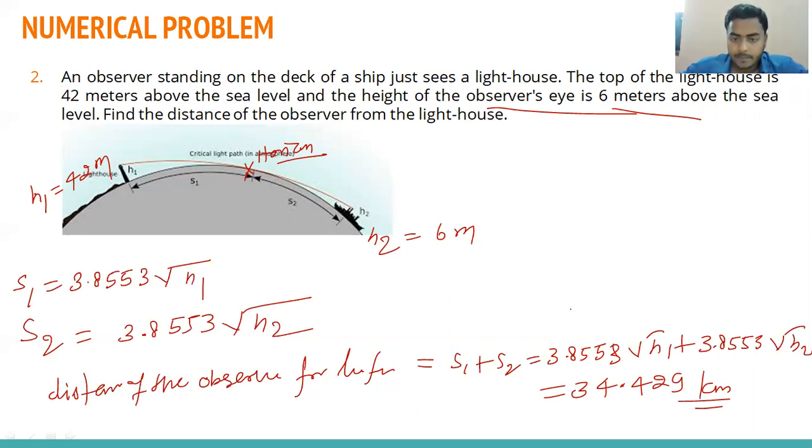Okay. So H1 we are getting here 24.985 kilometers. H2 we are getting here 9.444 kilometers.